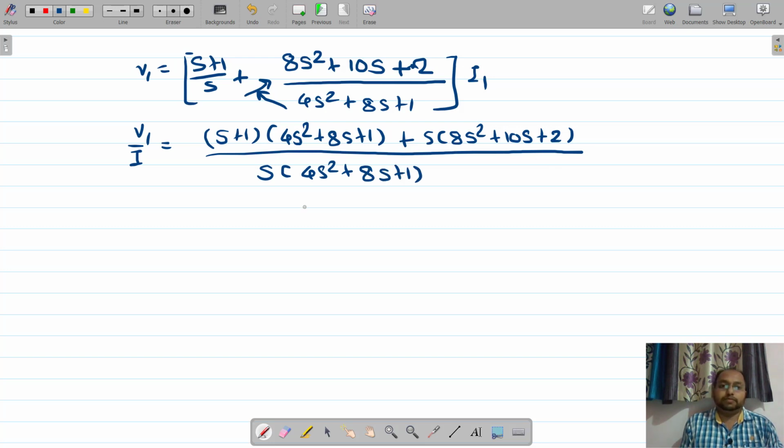Okay, so let us simplify this. Let us multiply by S inside this bracket.